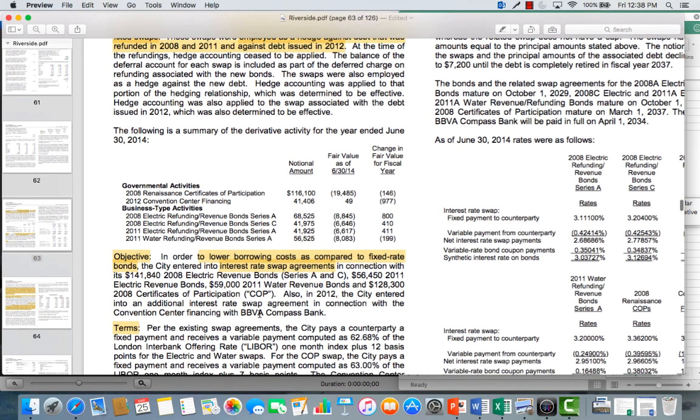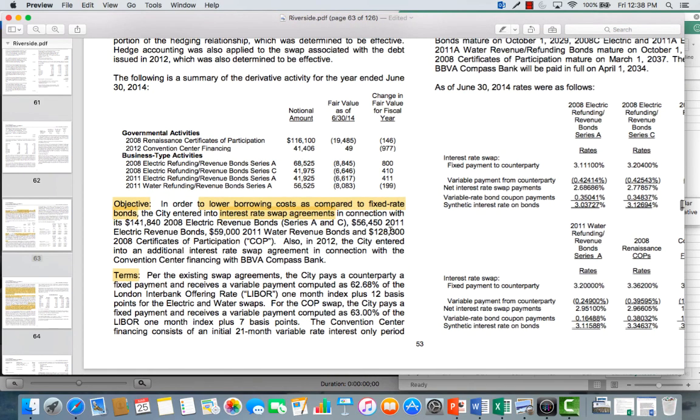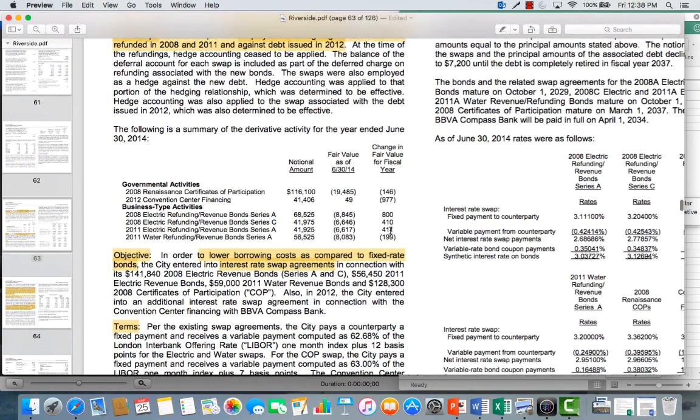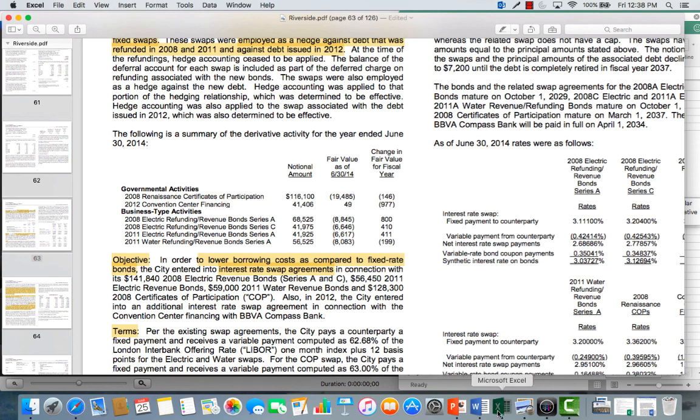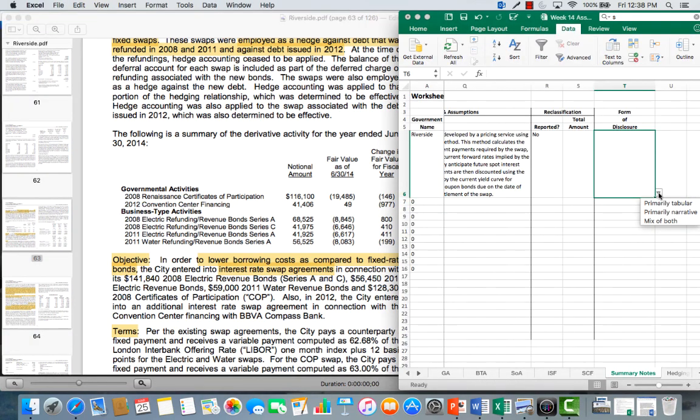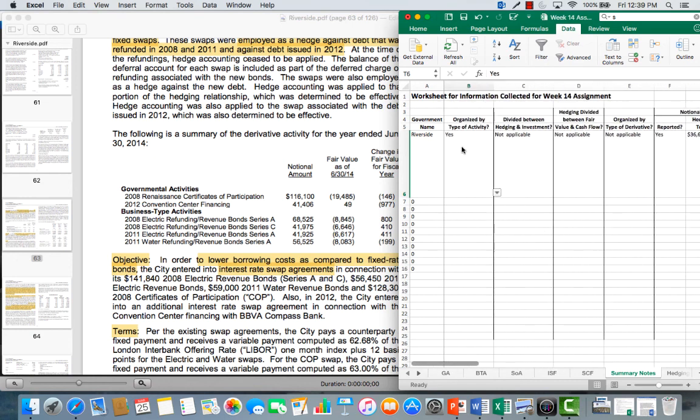And probably some of this information in these more dense paragraphs might be a little easier to read if it were in a tabular form. But I would say, in this case, it's a mix of both. So that finishes off the summary note disclosure tab.